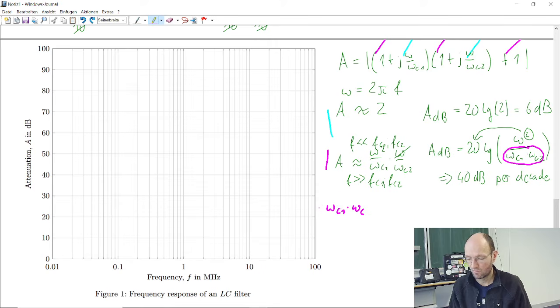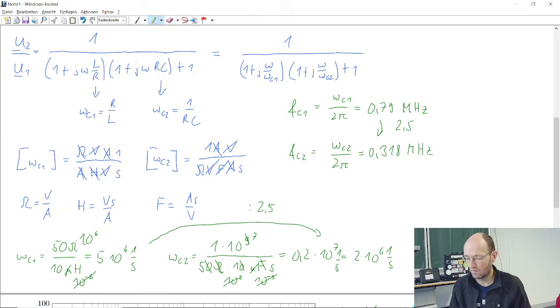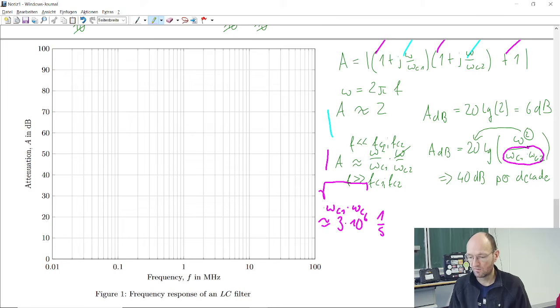Okay, so the square root of this is approximately 3 times 10 to the power of 6, 1 over second. And this means, this is all going horribly wrong here.